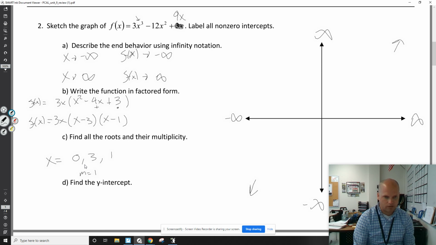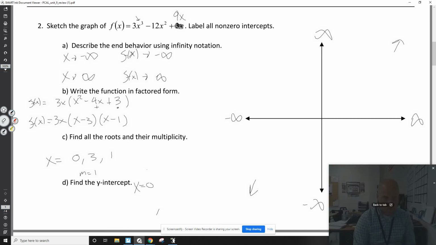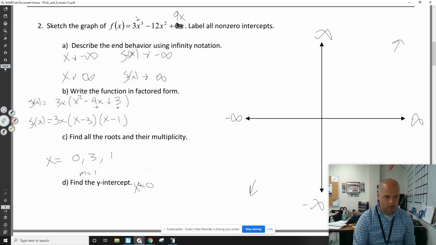So when x is 0, my y is going to be 0. Not always the case. If there was plus a number, it would be different.